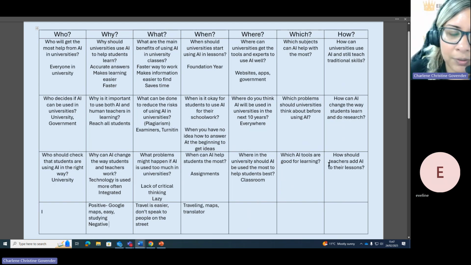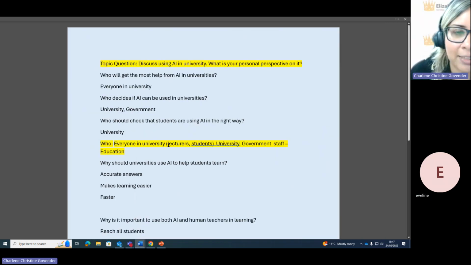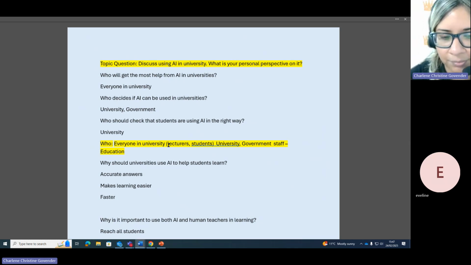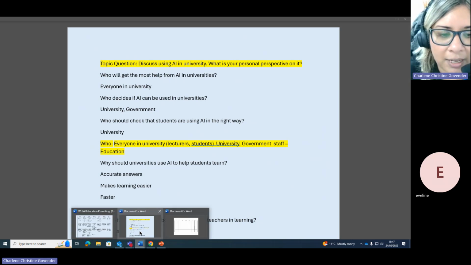Also, what we will look at next week is how to take this information and then start to use our introduction and our body and our conclusion. So it's a step-by-step process of how to get started with that.